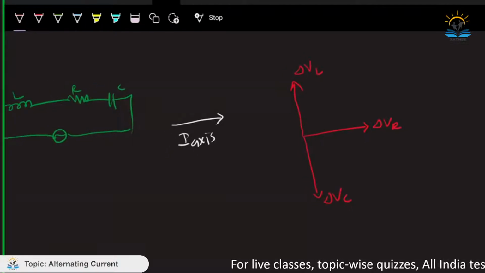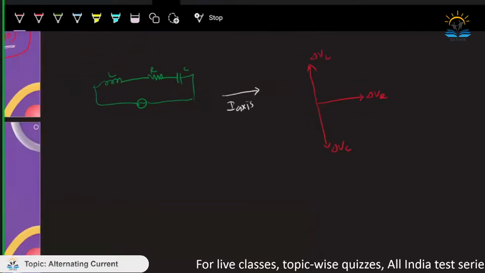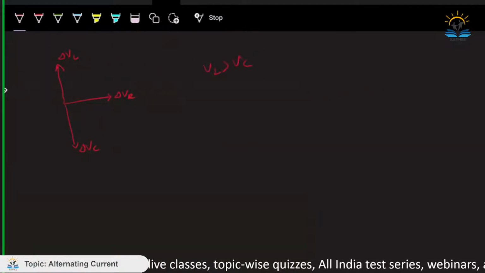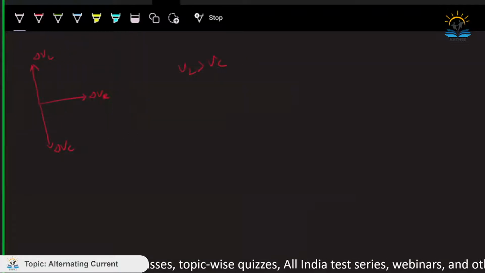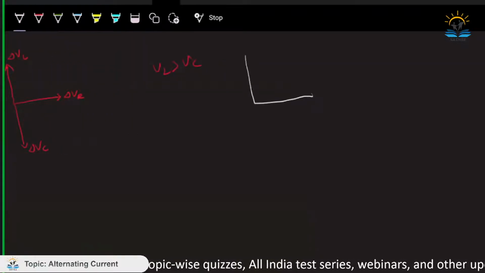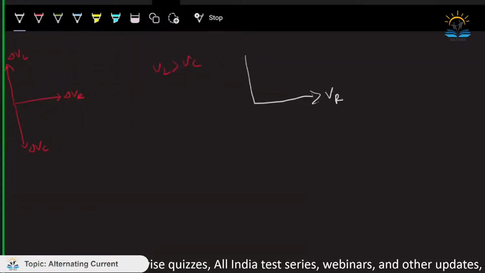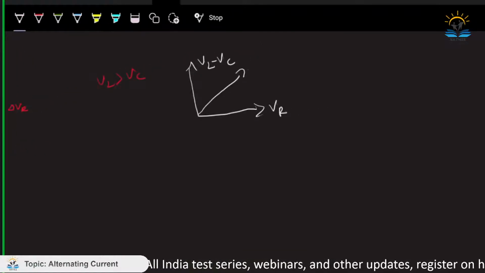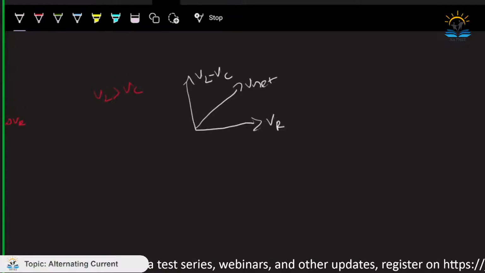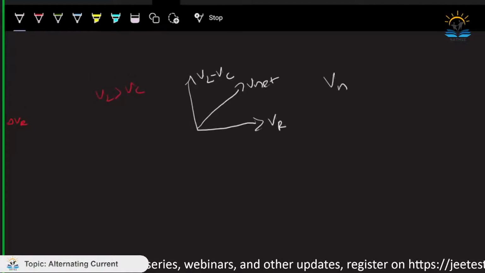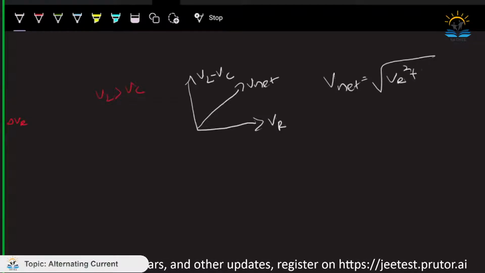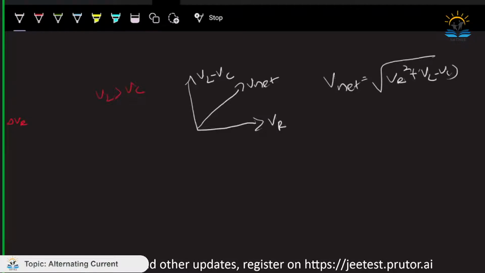So from this diagram, if VL is greater than VC, we have VR and VL minus VC. So the net V will be root of VR square plus VL minus VC whole square.